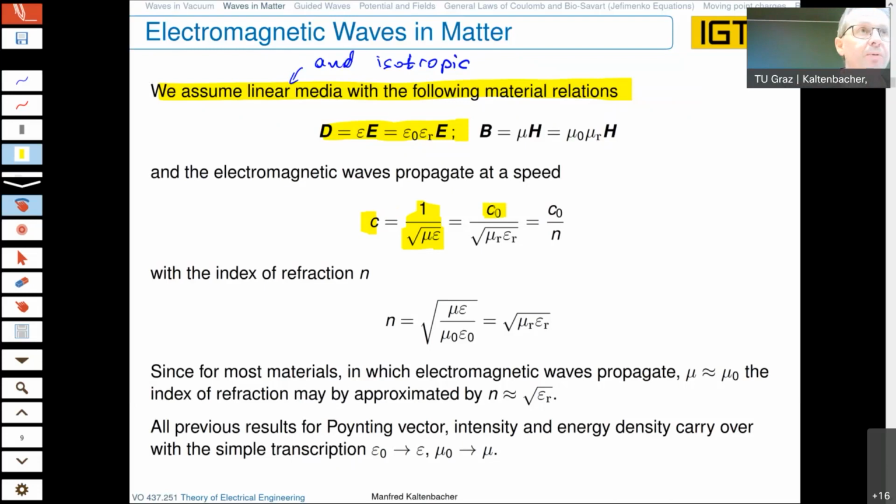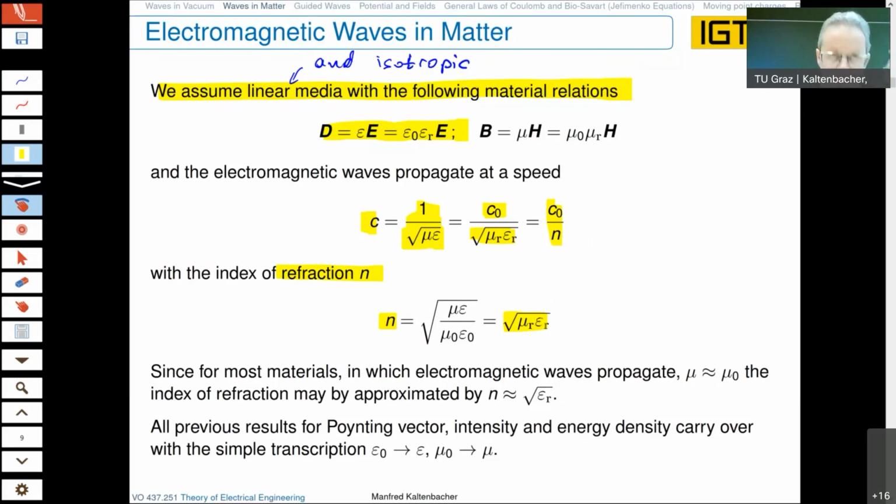Now when epsilon r and mu r are different from 1, we have to scale it by the square root of mu r and epsilon r. Perhaps you know that this actually gives you the refraction index, which we denote by n, the square root of the relative permeability times the relative permittivity.